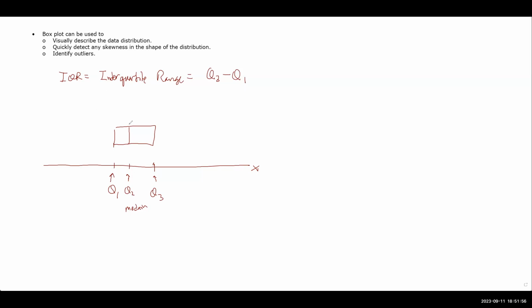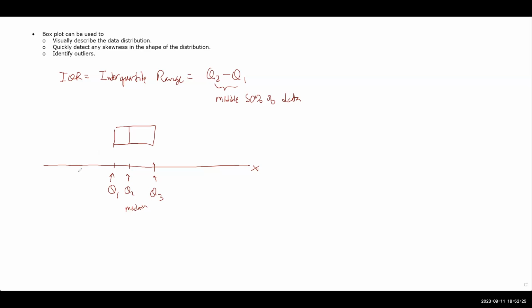That shows you the middle 50 percent, because this is the 75th percentile and this is the 25th percentile. So the difference is the middle 50 percent of the data. And we're going to use that specifically to build walls to identify outliers.